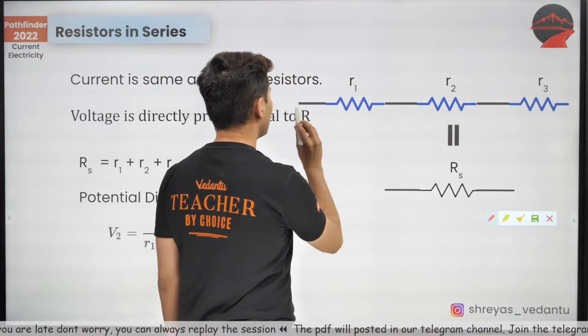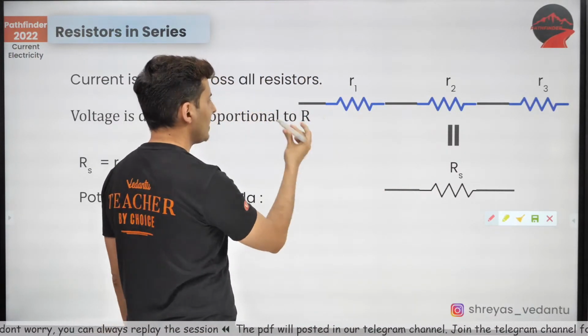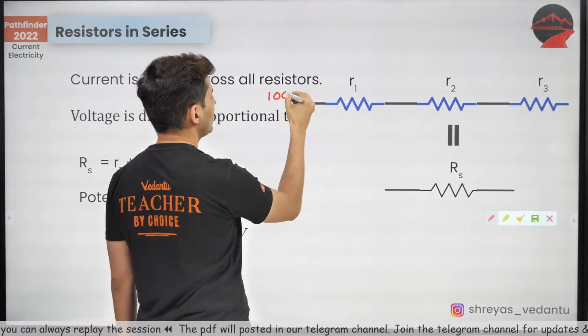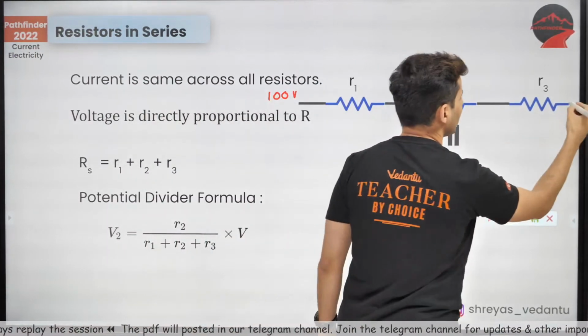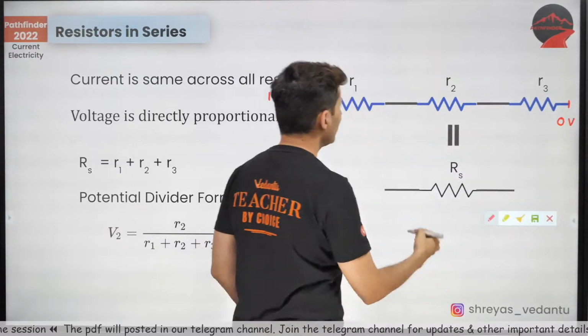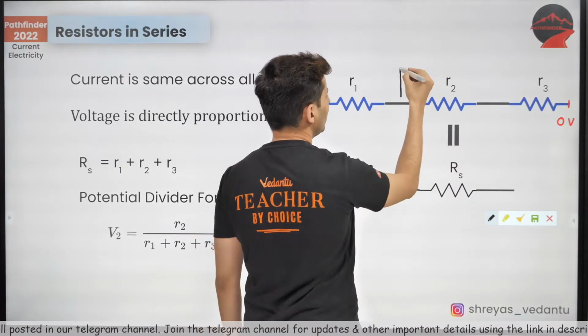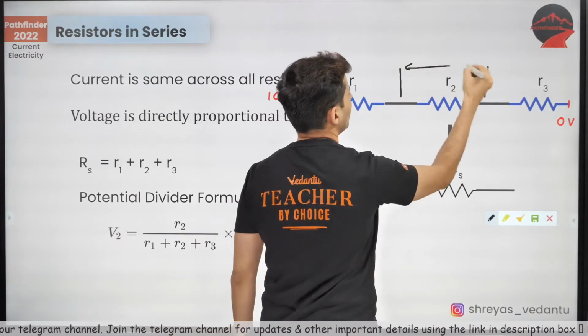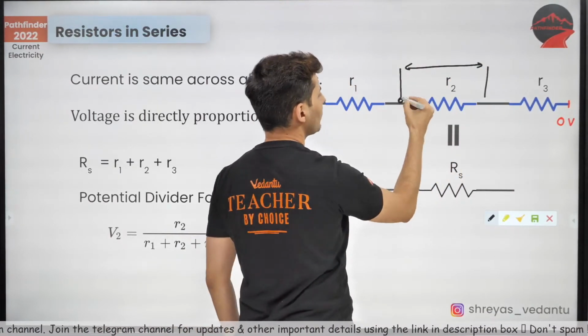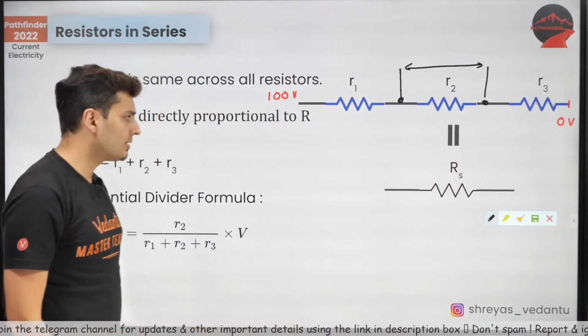Imagine a question like this, where for example this is 100 volts, and this is, let's say, 0 volts, and R1, R2, R3 are given, and then they ask you what's the voltage across the ends of resistance 2.